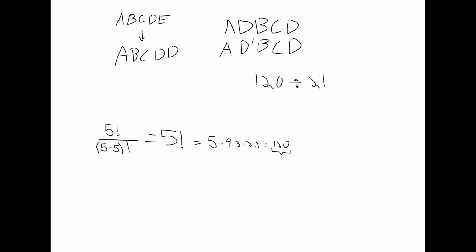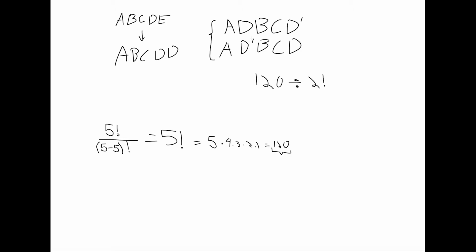They're the same thing. So A, D, B, C, D should be the same thing as A, D, B, C, D. Right now, I'll just use a prime to make it clear the difference between the D's. But for example, if we got A, D, B, C, D prime, and then we had A, D prime, B, C, D, those would be considered different permutations, but really they're the same permutation.